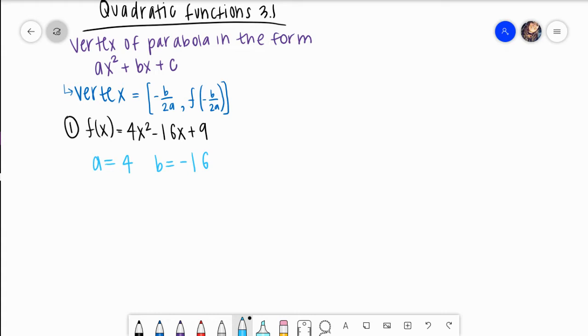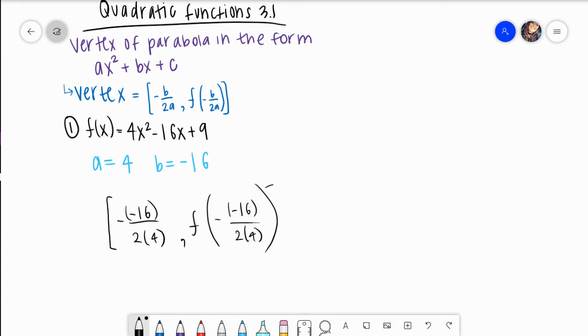So let's go ahead and plug that in. I need to do my negative b over 2a. So negative, my b is a negative 16, over 2a, which would be 2 times 4. And I'm going to do my f of, same thing, negative 16 over 2 times 4.